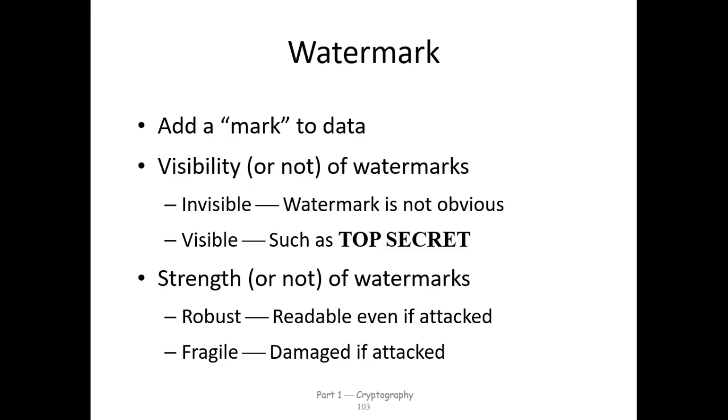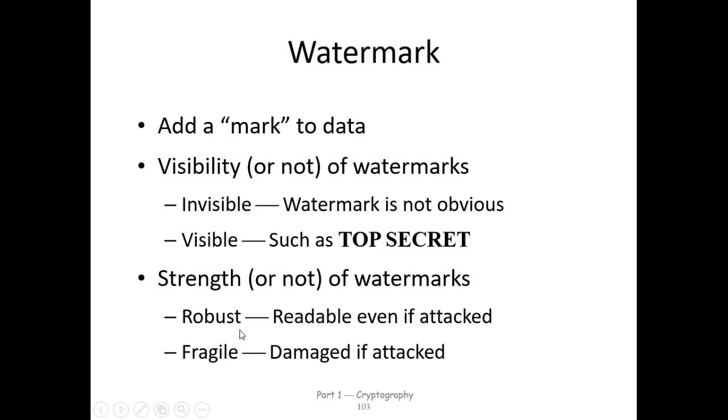Two types in visible watermarks. And the second one is strength of watermarks: robust, readable even if attacked, or fragile, damaged if attacked. So two things: based on visibility, invisible or visible; based on strength, robust or fragile.